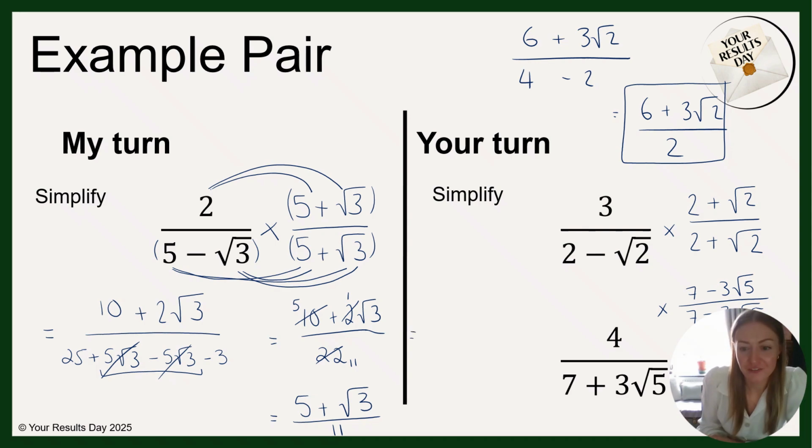Working out. 4 times 7 is 28. 4 times negative 3 root 5 is negative 12 root 5 over 7 times 7 is 49. I know the middle terms are going to cancel out, so that just leaves me with 3 root 5 times negative 3 root 5, which will be negative 9 root 25.